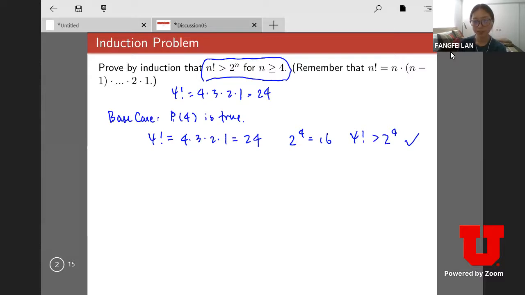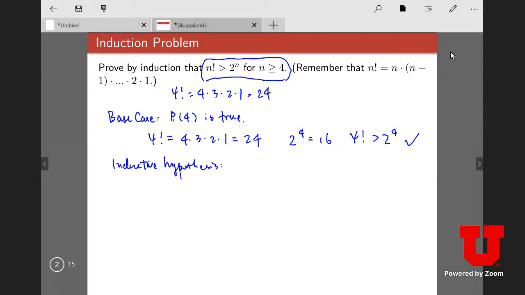So now what's the next step? Our induction hypothesis. Okay, inductive hypothesis, what is that? What do we assume to be true? P of n plus 1. We assume, so that's what we want to prove, right?